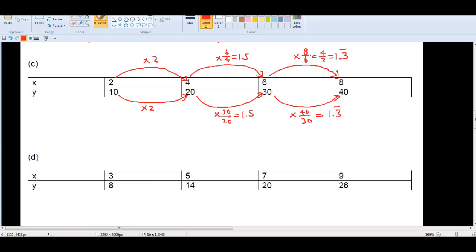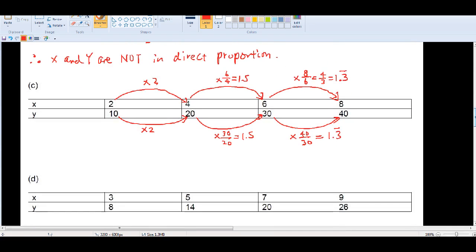Alright, so that means we are always having the same factors to multiply x and y. Therefore we say x and y are in direct proportion.